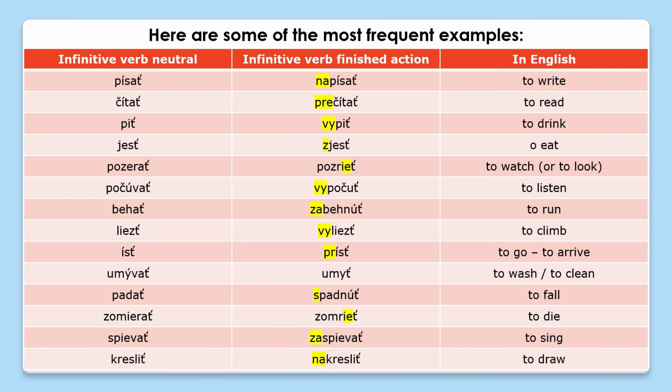I'm not a huge fan of memorizing, so I don't think you should do that. Just listen to the native speakers, listen to music or movies in Slovak, and let this sink under your skin and become natural to you.